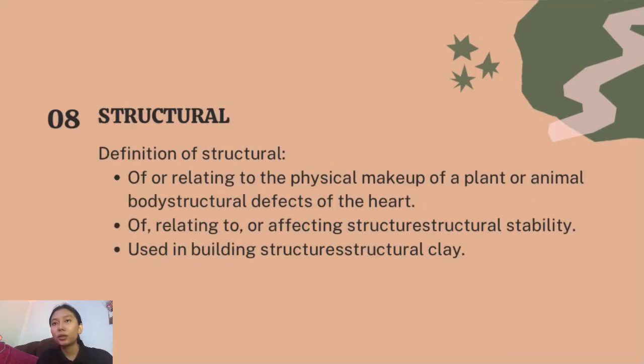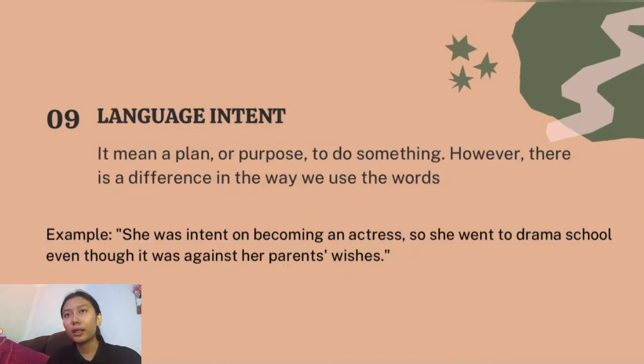Next is structural. Definition of structural: of or relating to the physical makeup of a plant or animal body, for example structural defects of the heart. Next, language intent. For example, she was intent on becoming an actress, so she went to drama school even though it was against her parents' wishes.